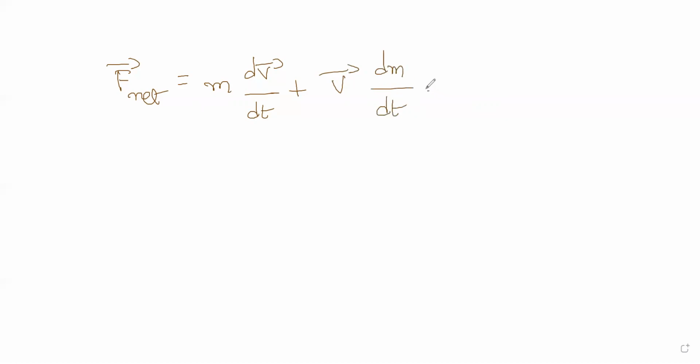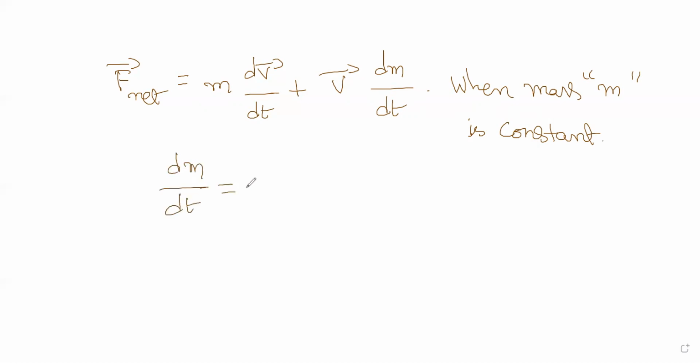Now when mass m is constant, the derivative of a constant, dm by dt, is equal to 0.